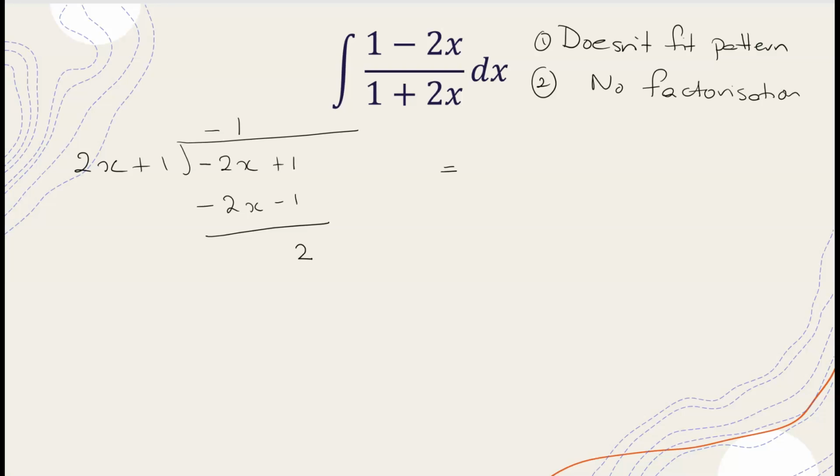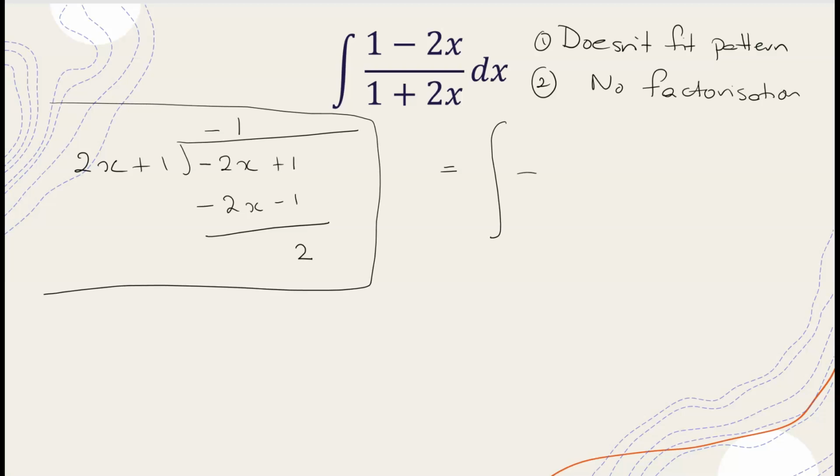So our original question is equal to the integral of negative 1 plus 2 over 1 plus 2x. That's just long division. Now though, we can integrate. Integral of negative 1 is negative x, and the integral of 2 over 2x plus 1 is now one of those patterns.